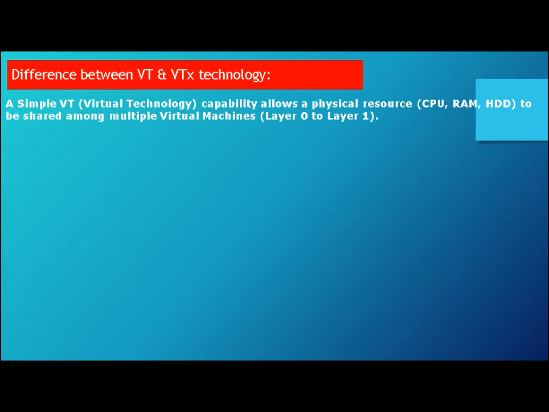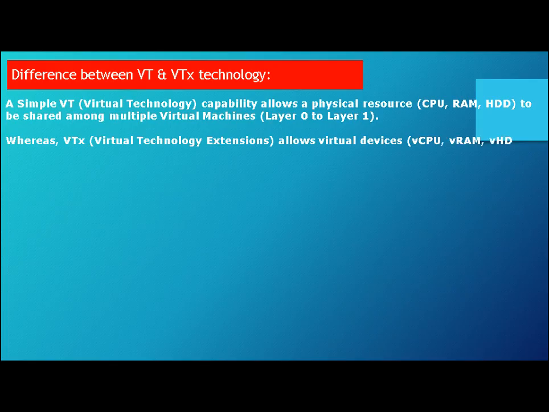So a simple VT technology allows you to share the physical resource with multiple virtual machines. That is the first level of virtual technology. Whereas VTX, that is virtualization technology extensions, allows virtual devices like virtual CPU, virtual RAM, or virtual hard disk to be shared with further nested virtual instances like virtual machines, virtual apps, etc.